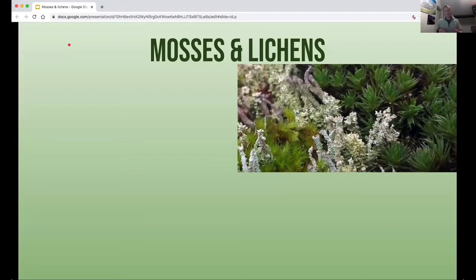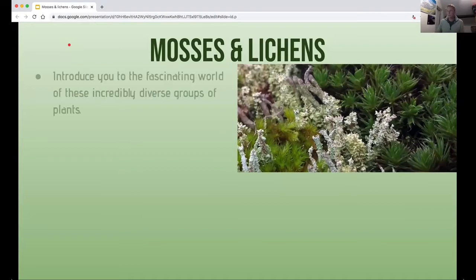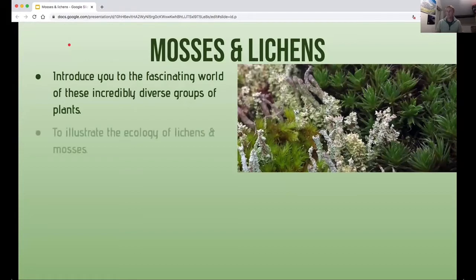Don't worry if it goes too quickly and it's a bit too speedy. I will share the presentation with those who would like it afterwards. Okay, we're entering this world of miniature. It's a fantastic world, a very, very diverse group of plants. We're going to look at the ecology of both lichens and mosses.